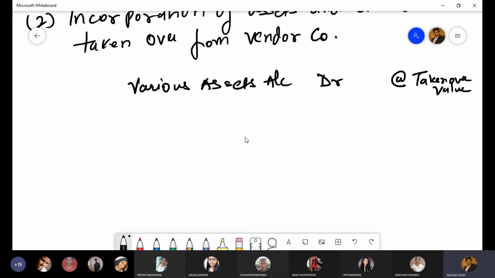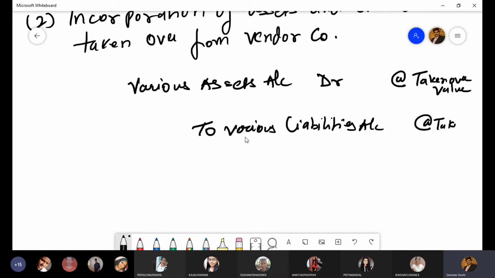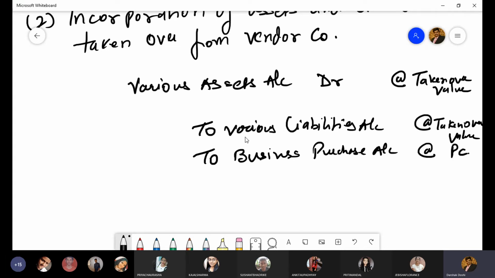We will credit all the liabilities which are taken over, and that will be again at taken over value, to various liabilities at taken over value, to business purchase account at purchase consideration amount.